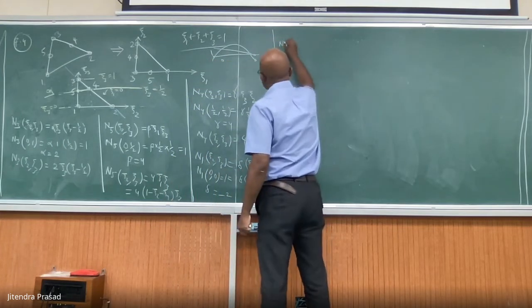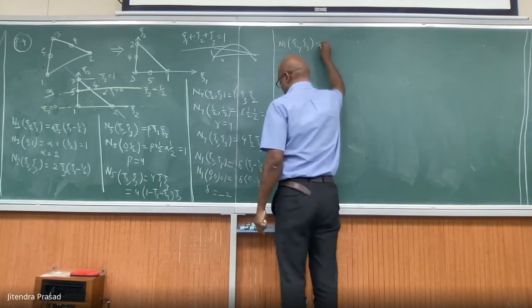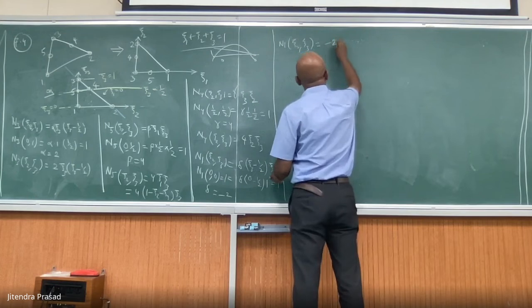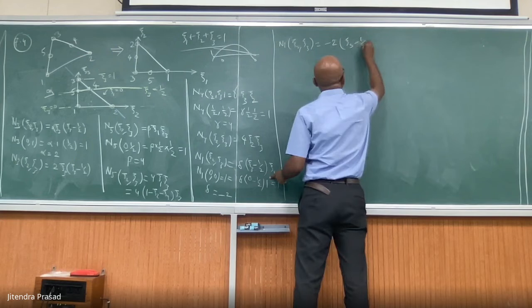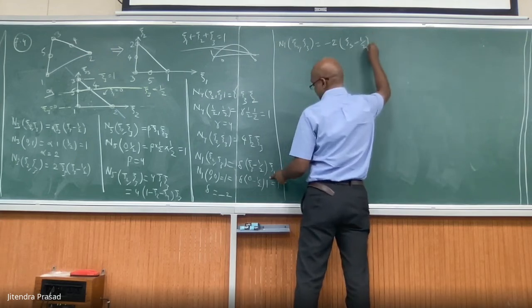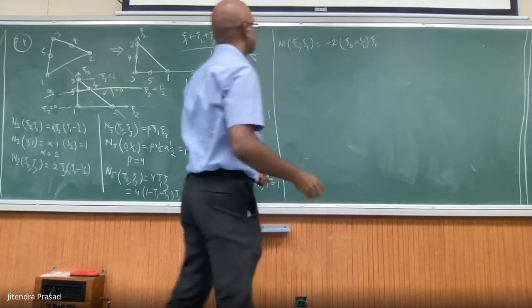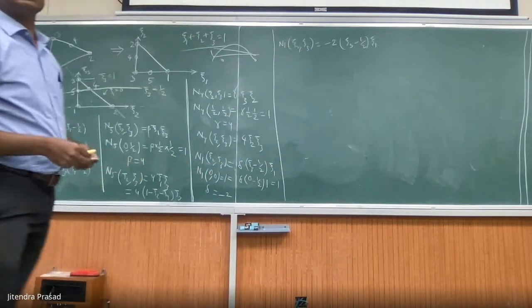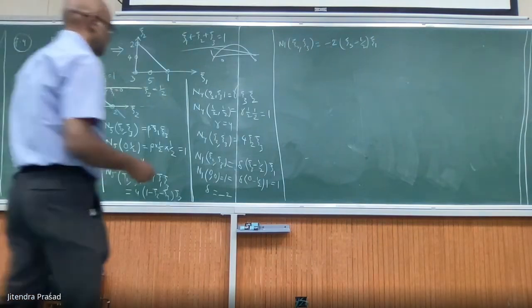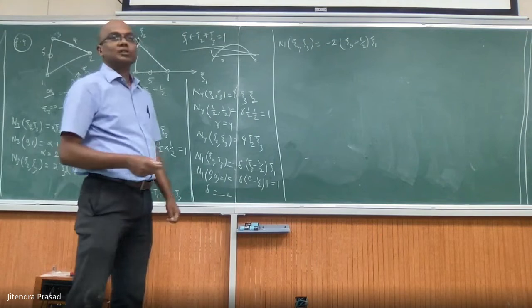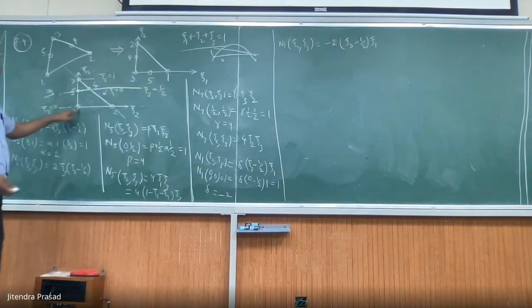So N1(xi2, xi3) is equal to minus 2 times (xi3 minus half) multiplied by xi1. Okay, it's fine. Now you can check N1.